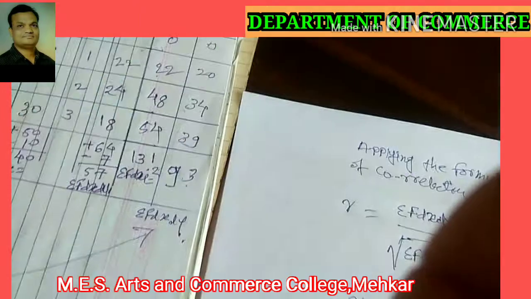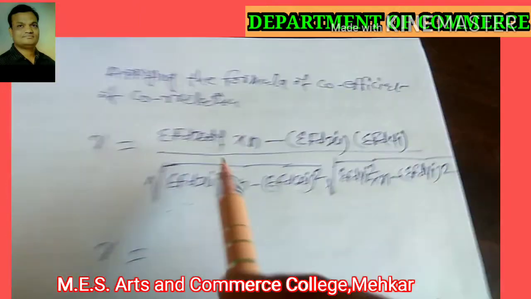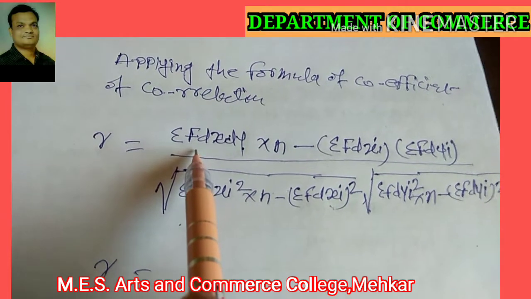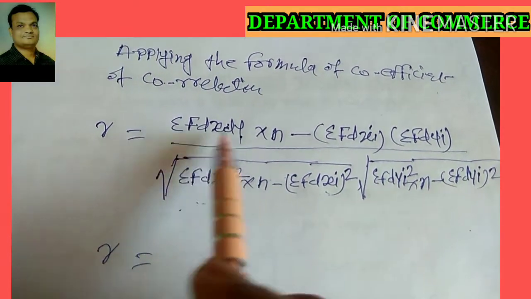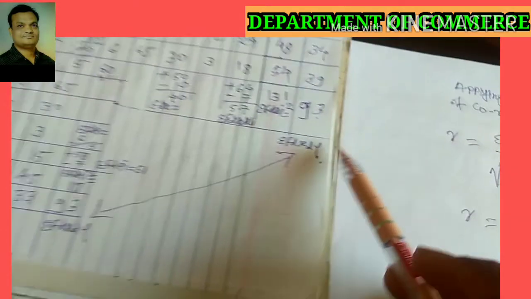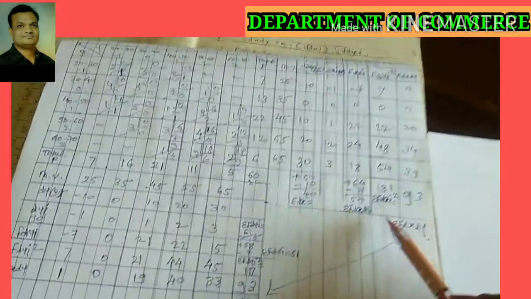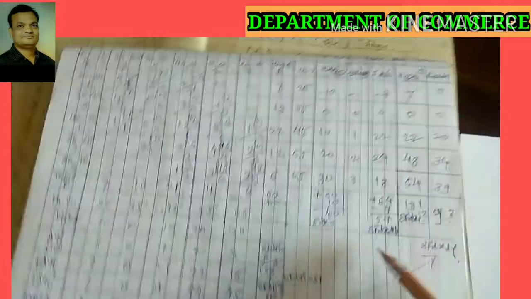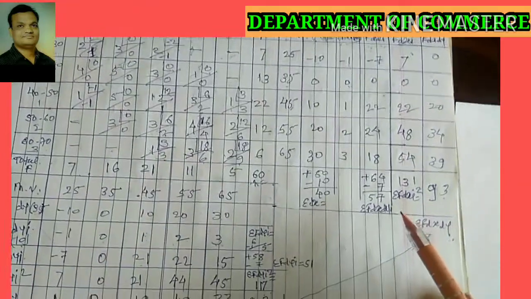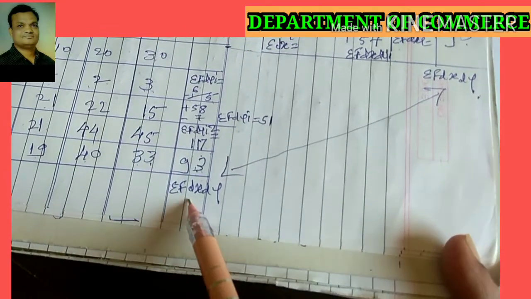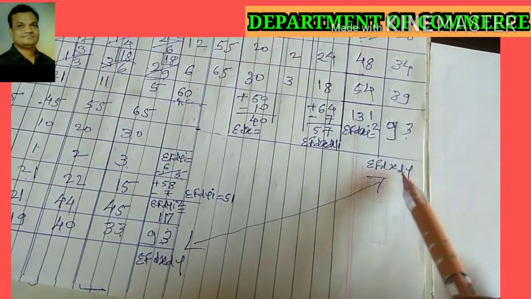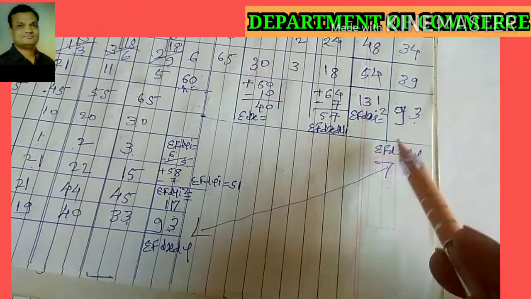Now look here friends, we have to fill here the value of sigma f dx dy. In the previous video we prepared such a whole table, and we found here the value of sigma f dx dy, which totals match.